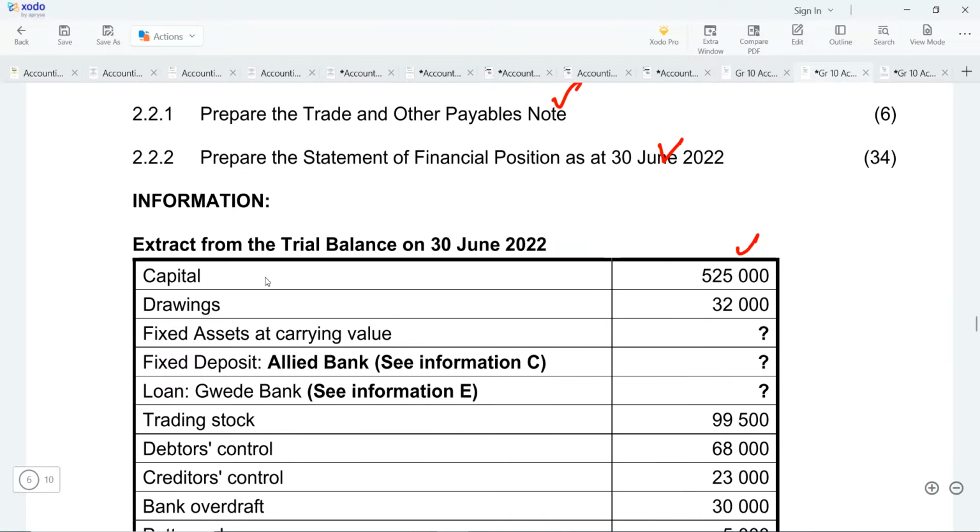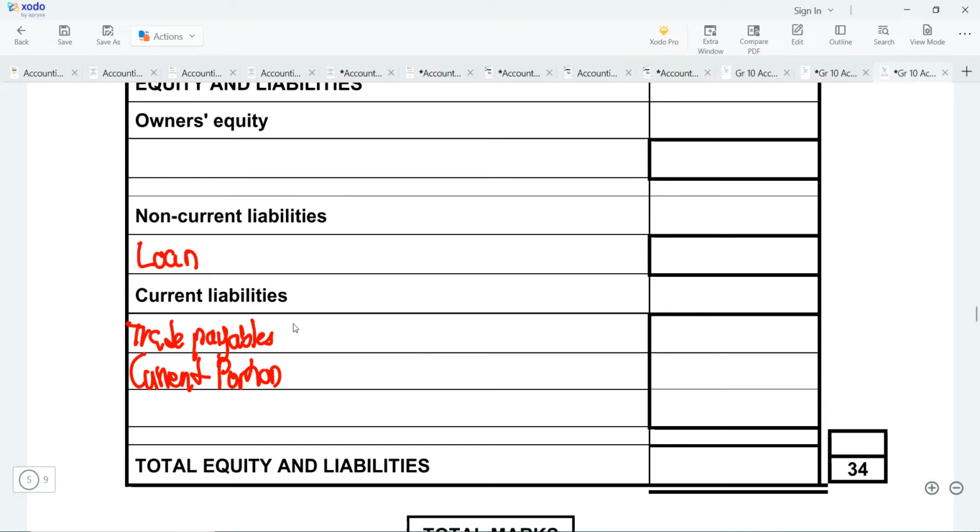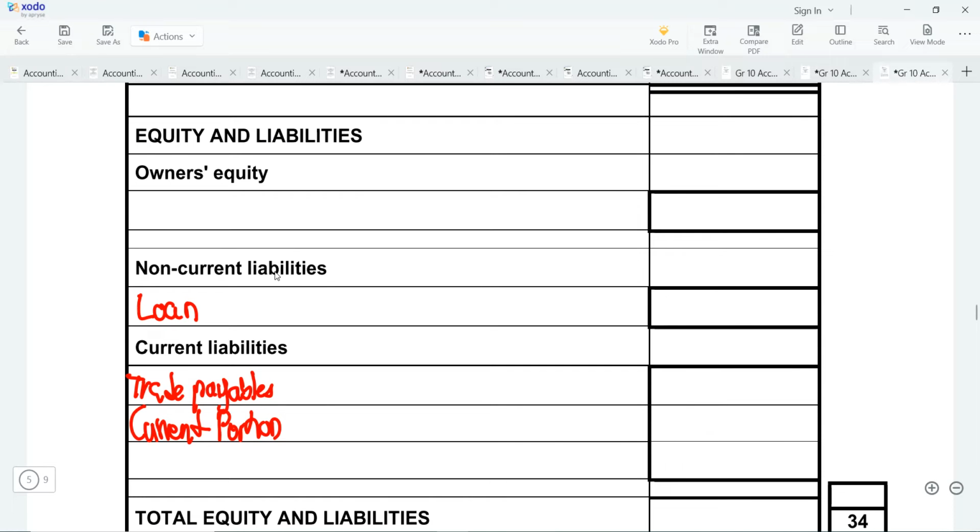So that's what we need to check when we go through our questions. Now we are starting to check what we have. We have capital, which is 525,000. We are not required to do the capital note, but we know that it is going to be part of our equity, so we'll start with that 525,000, and then we proceed with the information that we have.